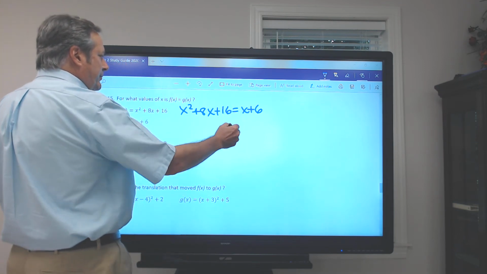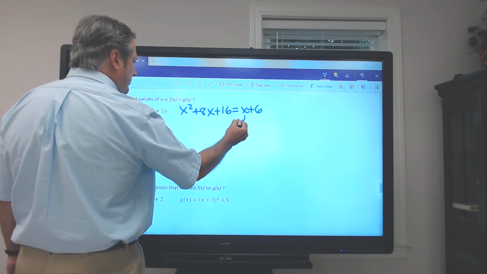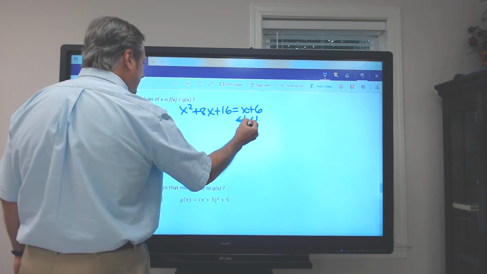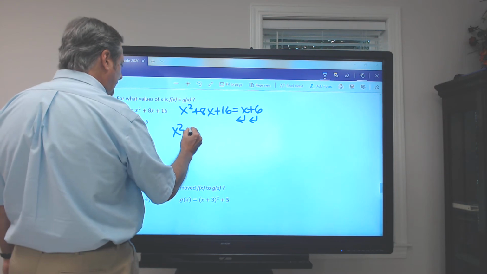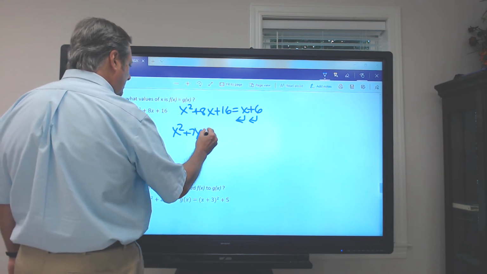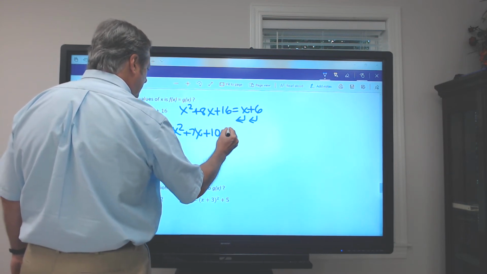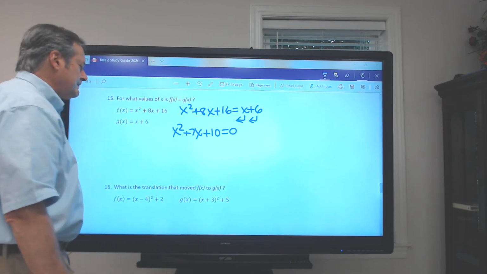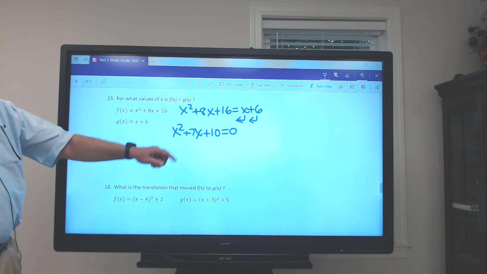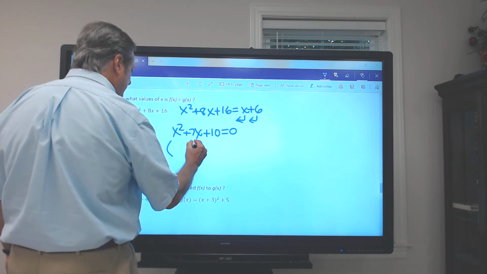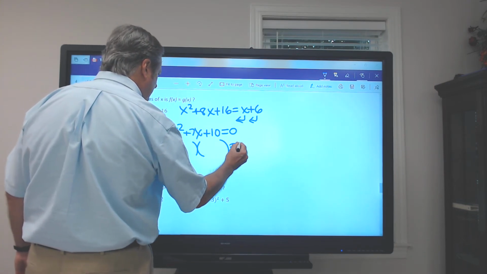All right, so what do we want to do to get a big fat 0 there? We want to subtract that x, subtract the 6. So we got x squared plus 7x plus 10 equals 0. Okie dokie. Well, can that one factor? Sure enough, binomial times a binomial.